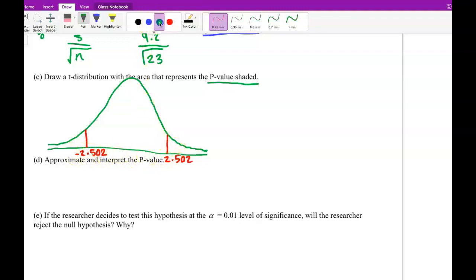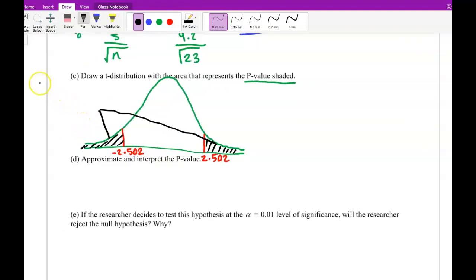So what we have is this part on the right side plus what we have on the left. So the p-value is this part plus what we have on this part.